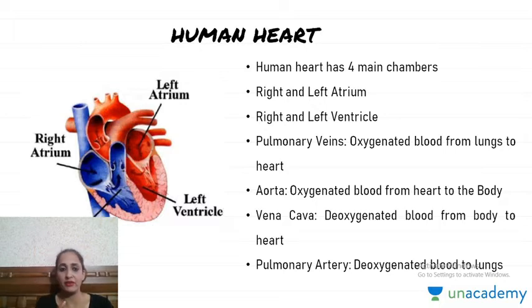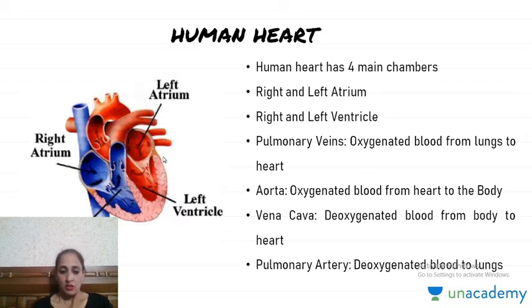From that point of view, the upper 2 parts of the heart are atriums, and the lower 2 chambers of the heart are called ventricles. So the left side has the left atrium and left ventricle. In the same way, the right side has the right atrium and right ventricle.